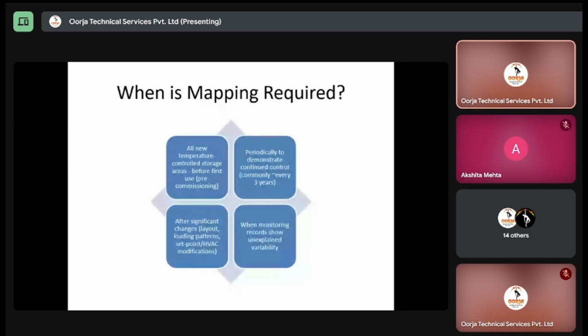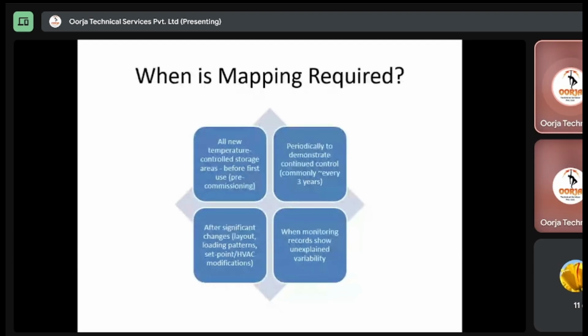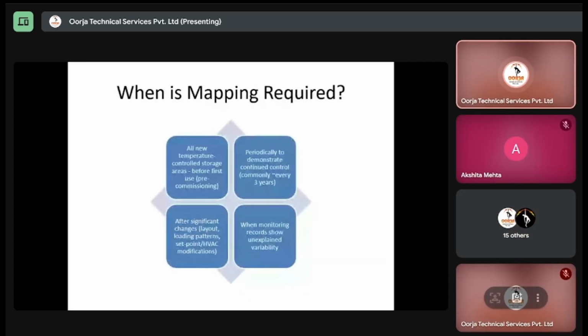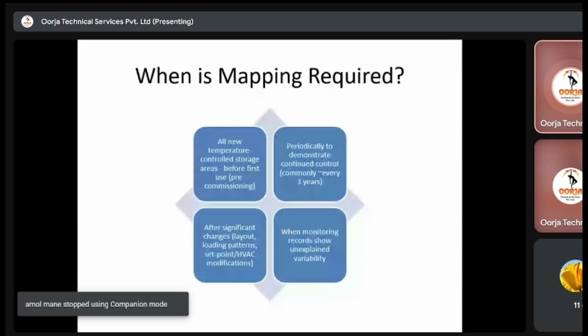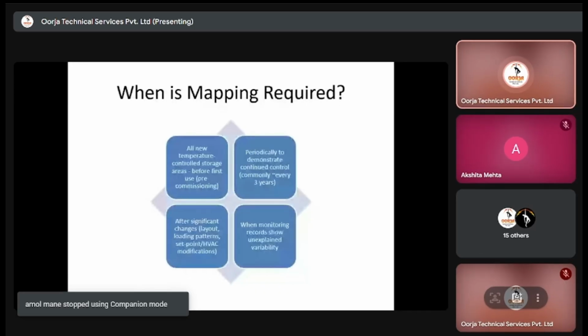Now, a very important question is when to map any area, or someone may ask why mapping is required or when mapping is required. In the guideline, there are basically 4 case scenarios where we should have mapping. First is in the very beginning. Let's suppose we have constructed an area and we want to use that area to store our TTSPP.